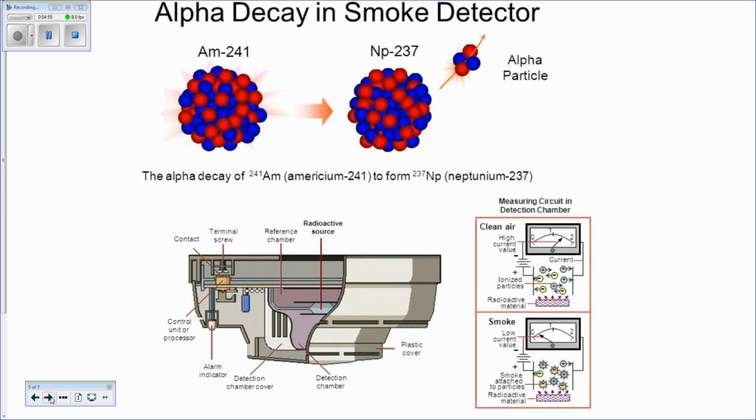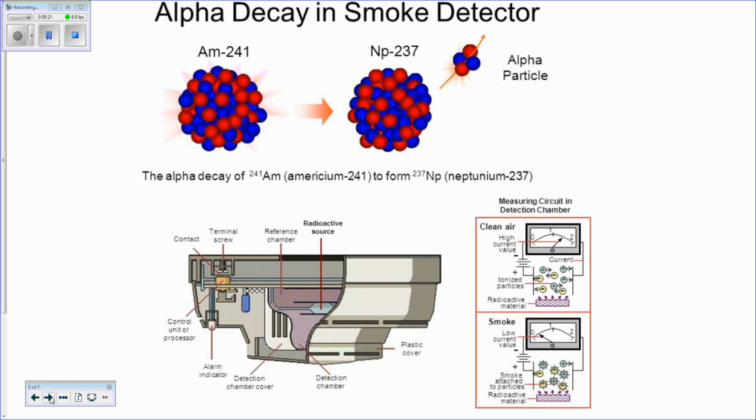Another thing I wanted to show you, though we're not necessarily going to write this one down in our notes, is alpha decay in your smoke detector. Everybody at home has a smoke detector, or you should. This is how they work. We take Am-241, americium, and it goes through its half-life and decays to neptunium.